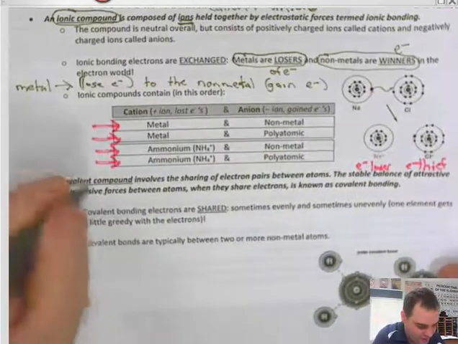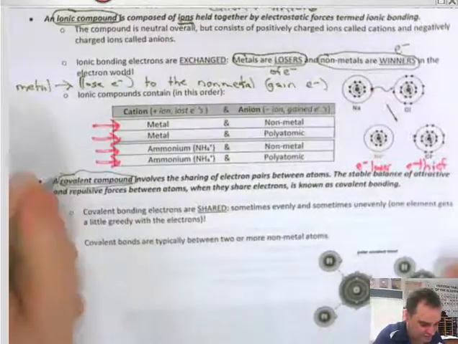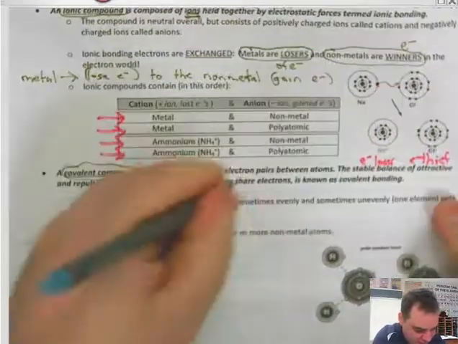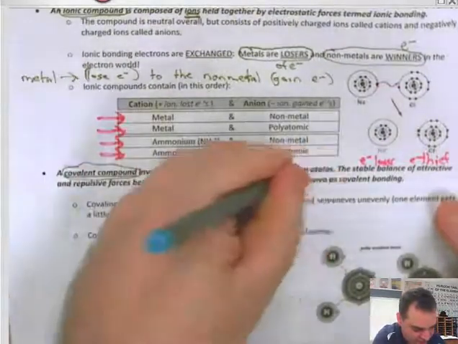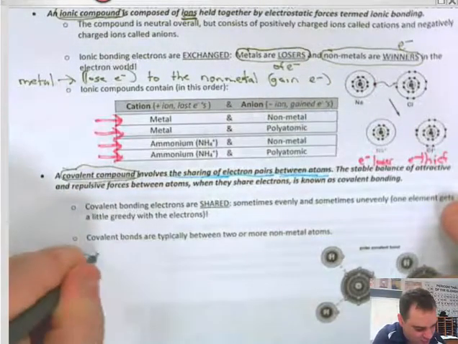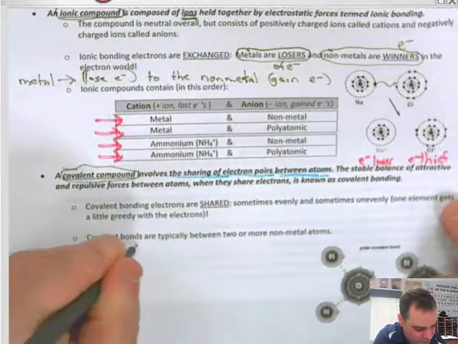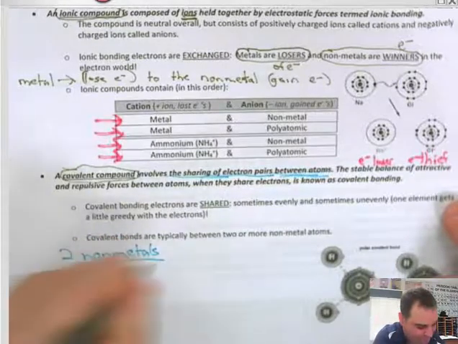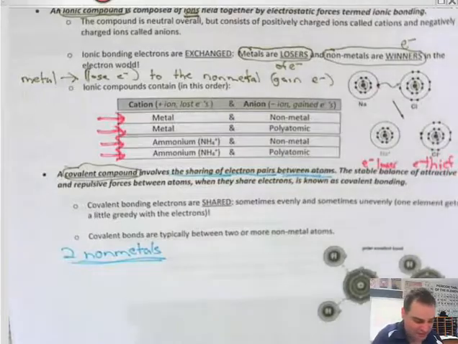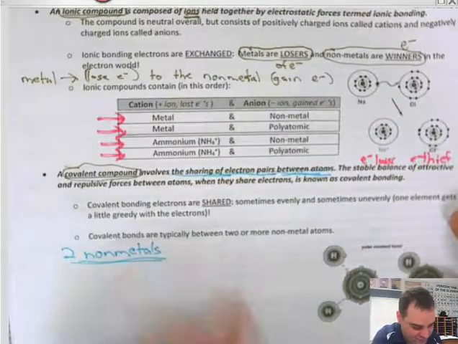Okay, the next one here, we are doing covalent compounds. This is the sharing of electron pairs between atoms. This happens between two non-metals. Sometimes they are shared equally.